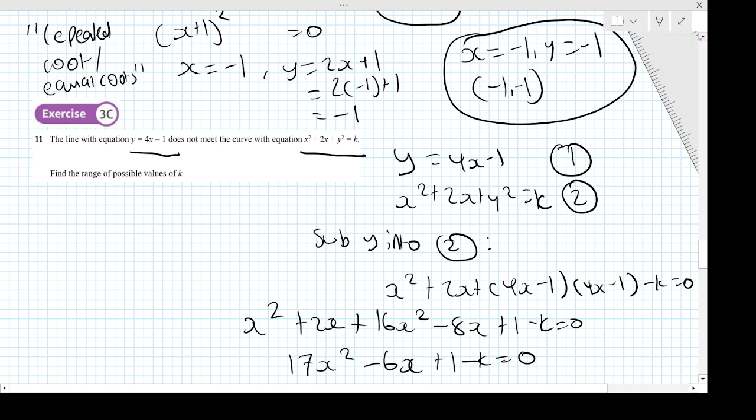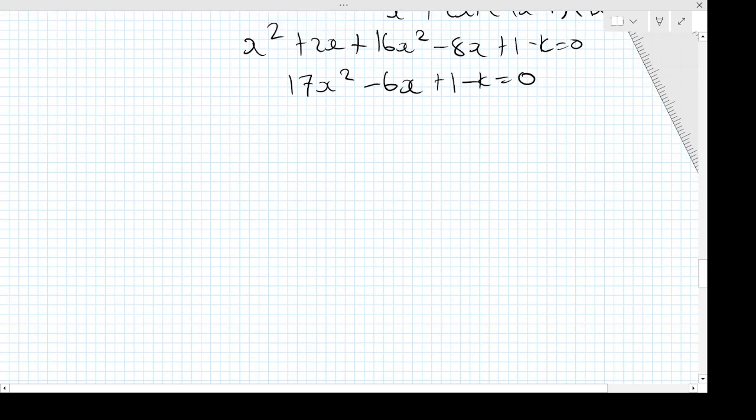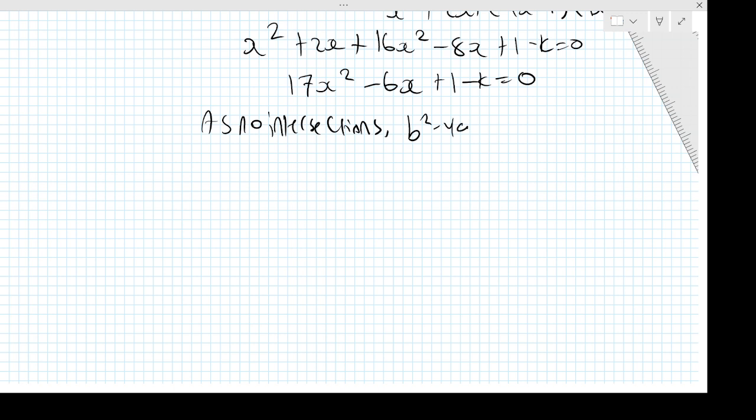If they do not intersect, that means there are no roots between them. If there's no solutions, that means the discriminant has to be negative. So as there are no intersections, this time the discriminant has to be less than 0, okay?